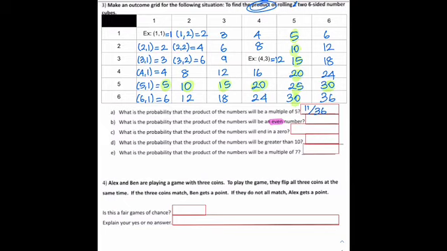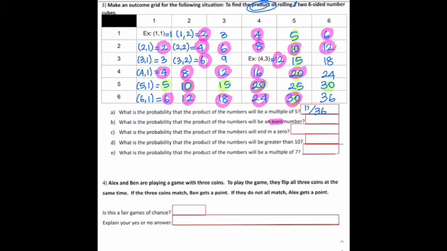So I have 1, 2, 3, 4, 5, 6, 7, 8, 9, 10, 11, 12, 13, 14, 15, 16, 17, 18, 19, 20, 21, 22, 23, 24, 25, 26, and 27 outcomes.